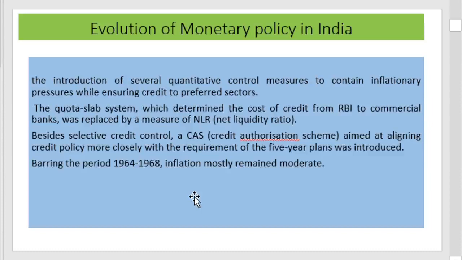Besides selective credit control, credit authorization schemes aimed at aligning credit policy more closely with the requirements of the 5-year plans were introduced. Inflation mostly remained moderate except during 64 to 68.